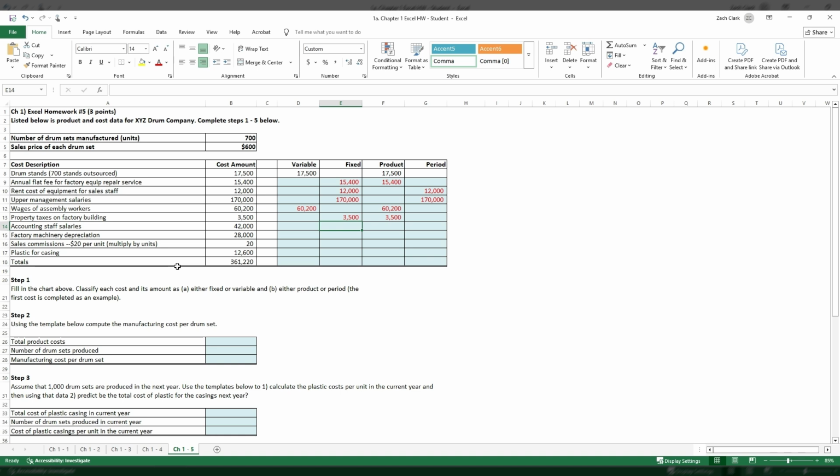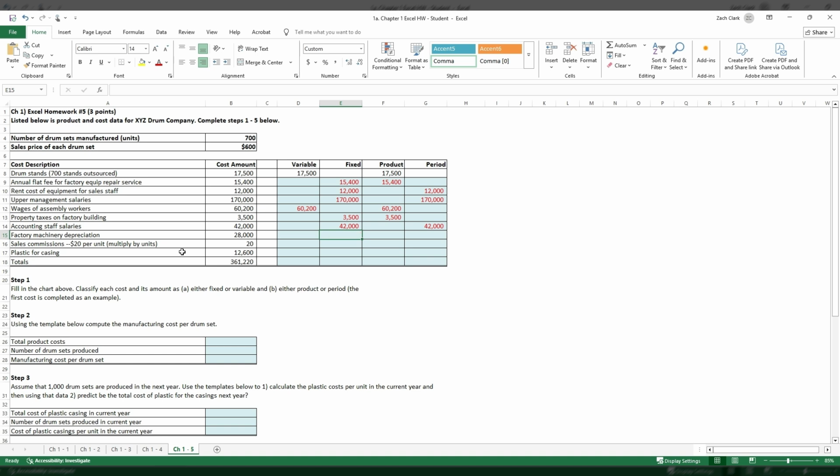Okay, accounting staff salaries. So this one is not associated, you make one more product, that doesn't affect the amount of cost that's paid to the accounting staff. So that'll be fixed. And it's going to be a period cost, right? Not associated directly with production.